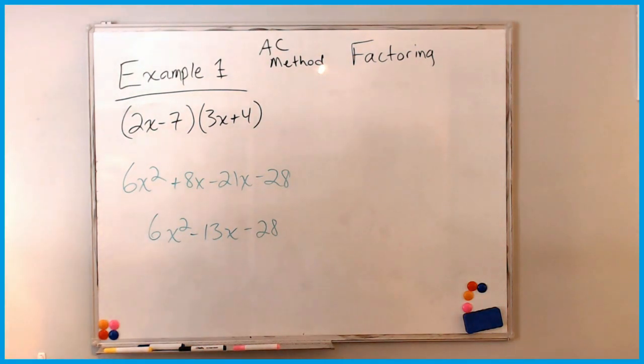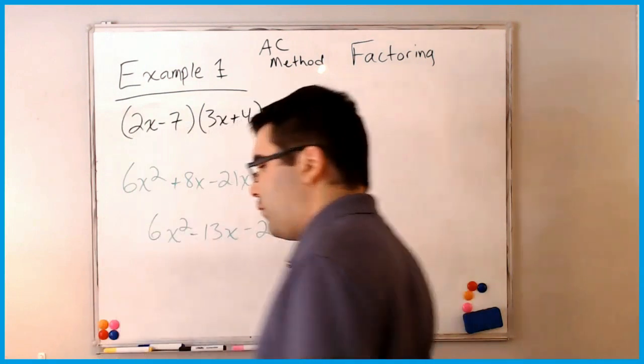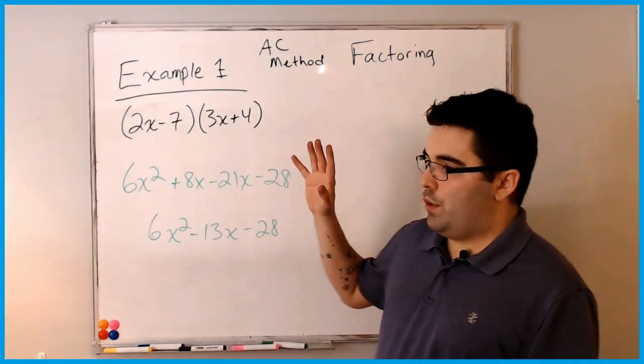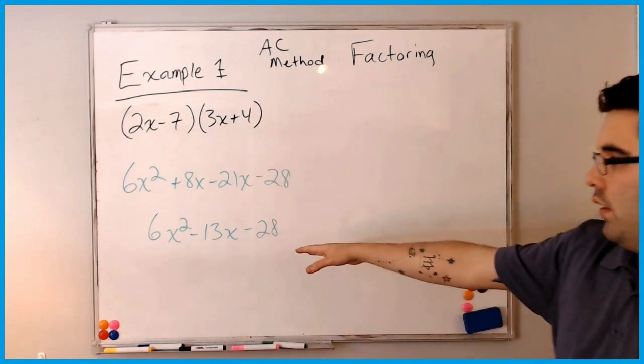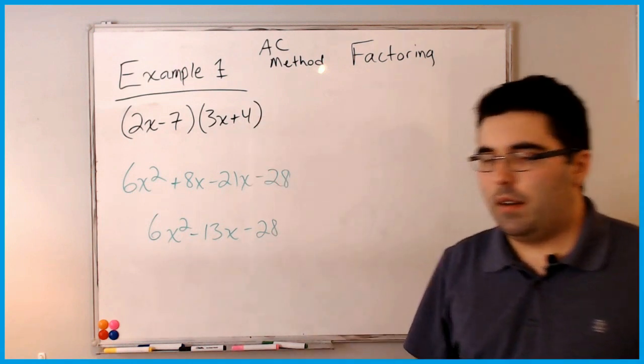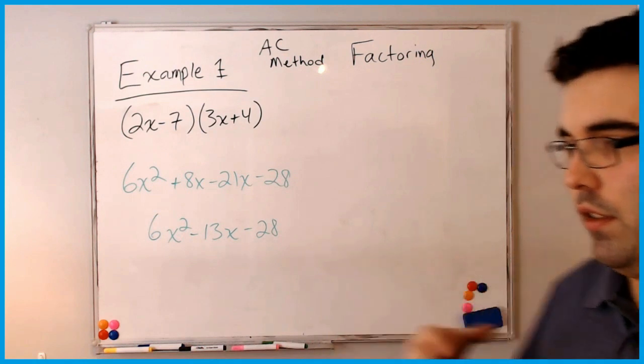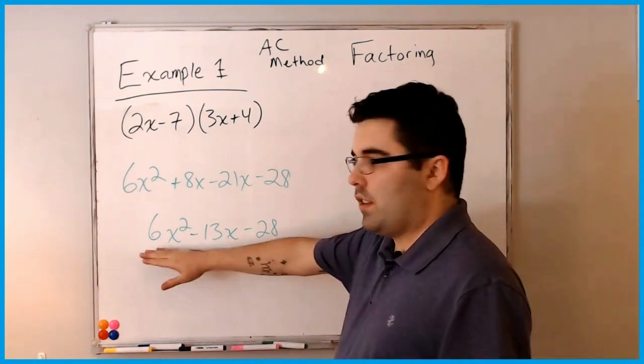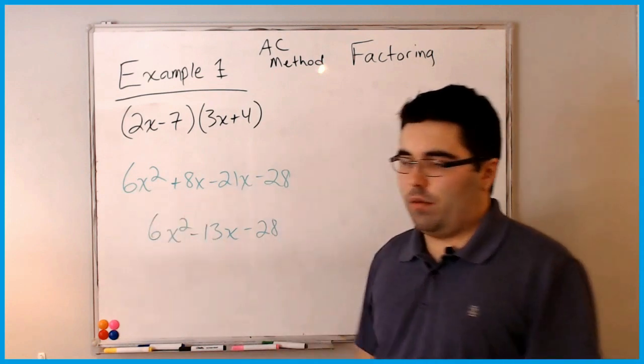Okay, so before we go on, there are some things I want to point out to you. If you think about these as having been multiplied, then it'll help you work in reverse and factor. Because basically, this 6x squared right here had to come from somewhere.